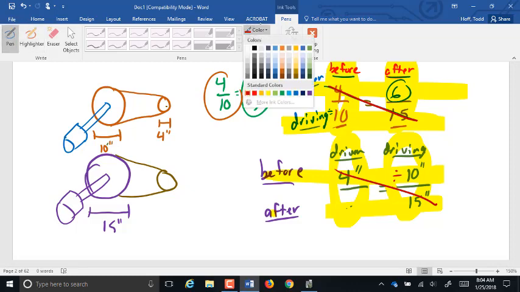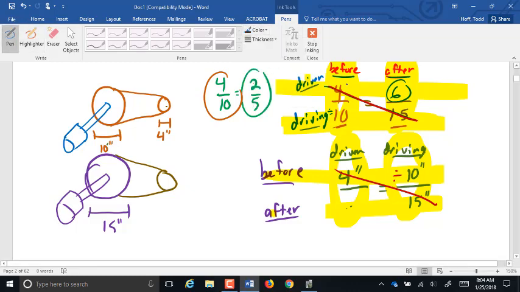Anytime you set up a proportion, the number that goes here better have a relationship with that number and a relationship with that number. It's a different relationship, but it better be there. In this case, these are both the before numbers, and this is driven to driving. Over here, the relationship is still driven to driving, but those are both the after numbers.